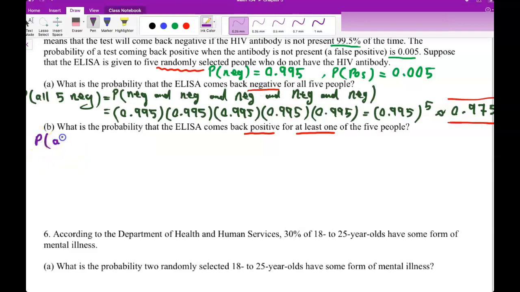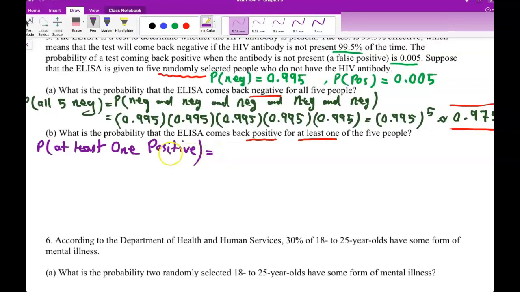Probability of at least 1 positive is equal to 1 minus probability of all 5 negative. See, I don't want to have negative. That's why I should subtract that from 1 to get the answer for at least 1 positive.